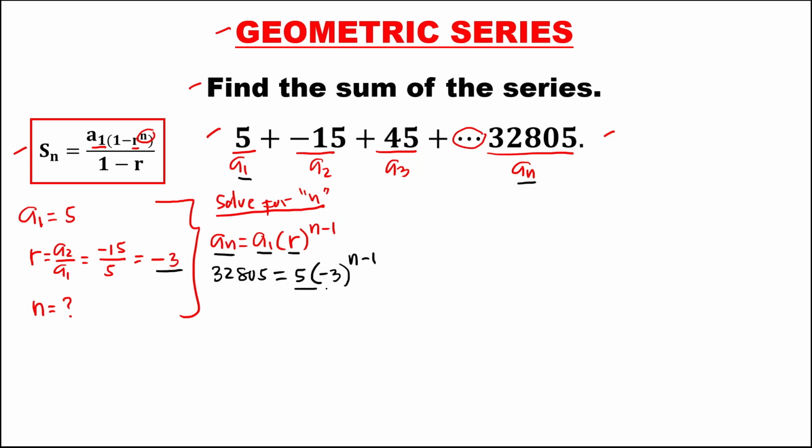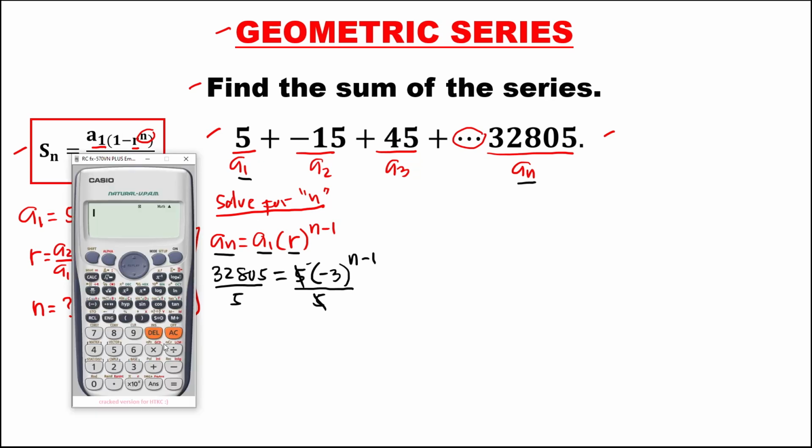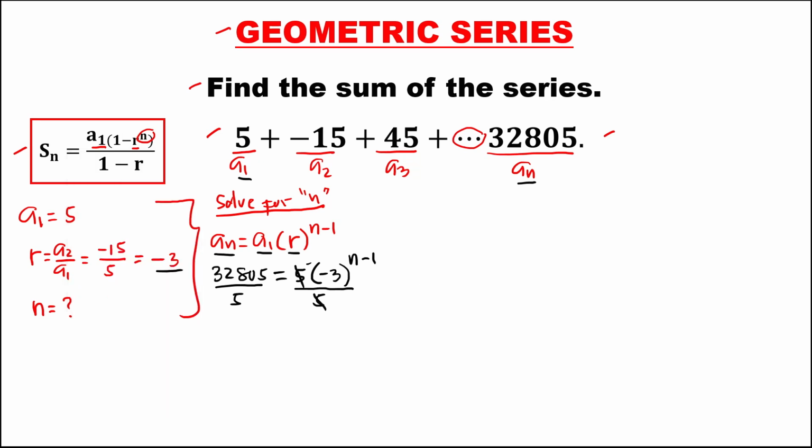Then to simplify, we need to divide both sides by this number. So divide by 5. So 32,805 divided by 5 is 6,561.